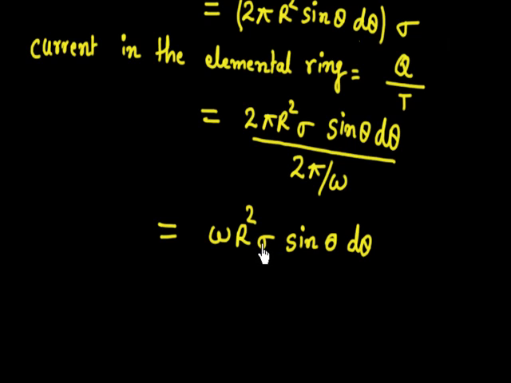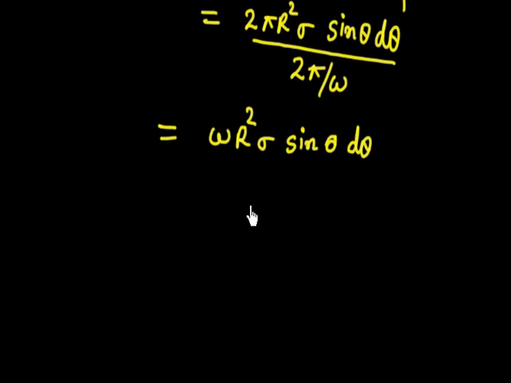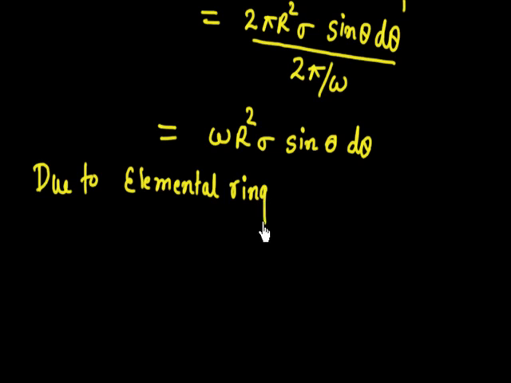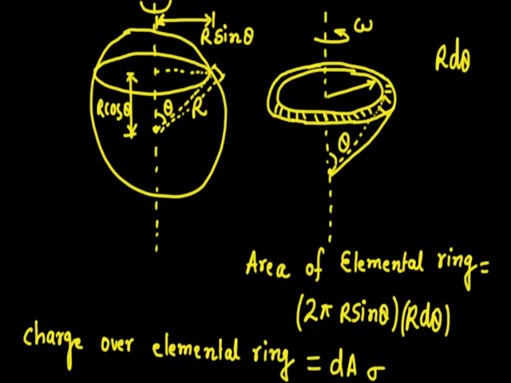Due to this elemental ring, what is the magnetic induction at the center? Due to the elemental ring, let us call it a small dB. You have the elemental ring here, a circular part, and you have a distance r cos theta.